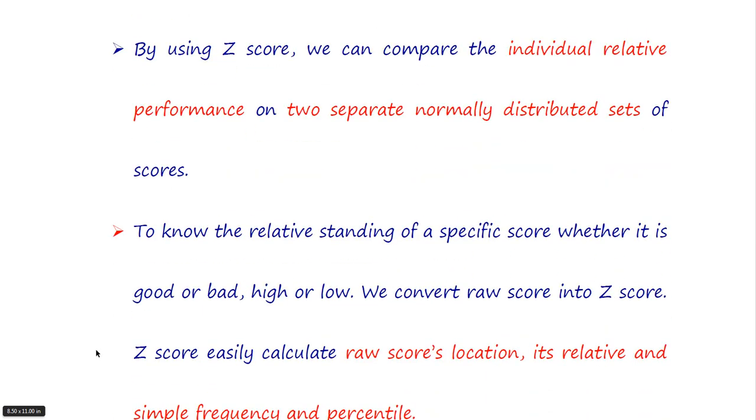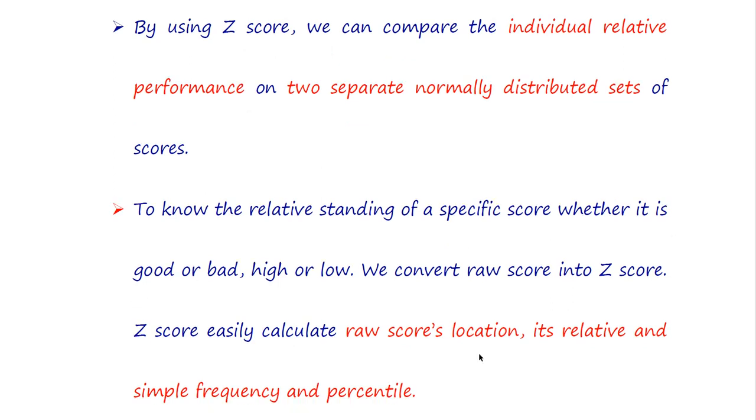Number 3, to know the relative standing of a specific person, whether it is good or bad, high or low, we convert the raw score into Z-score to know about the specific person's performance. Z-score also easily calculates a raw score's location, its relative and simple frequency, and percentiles.